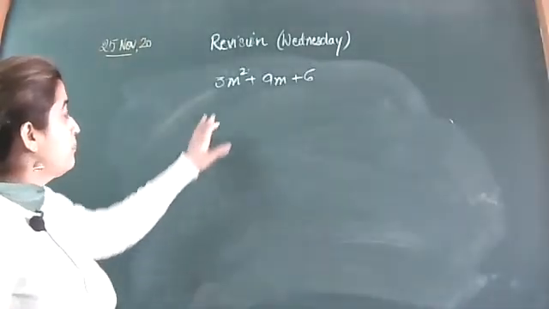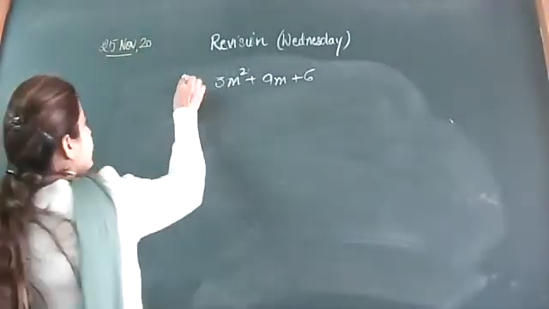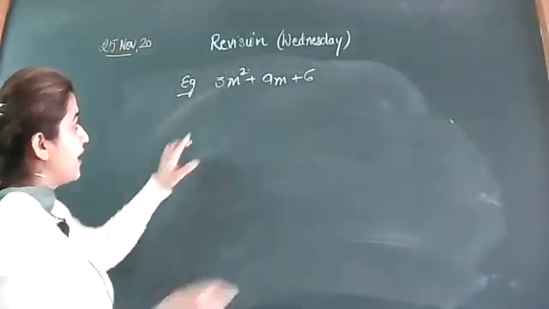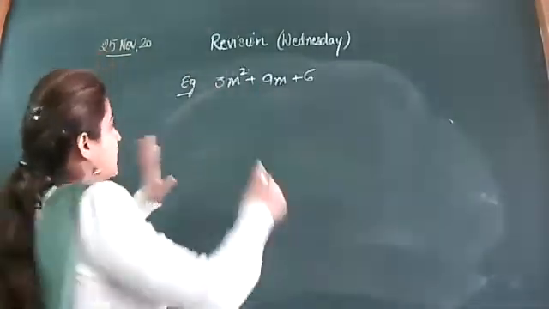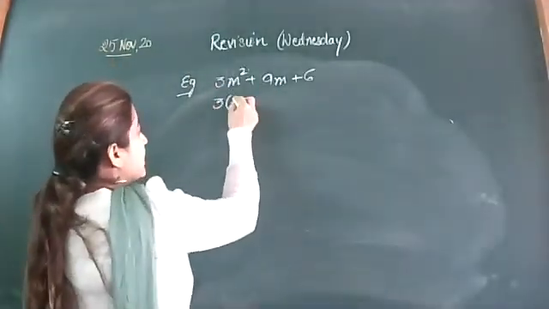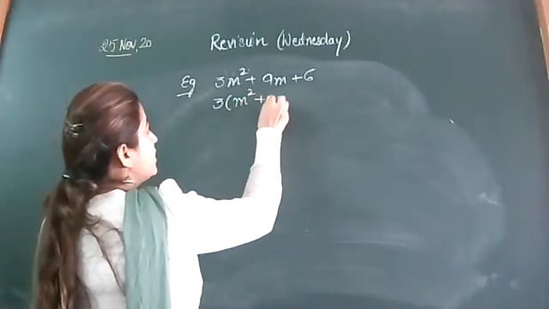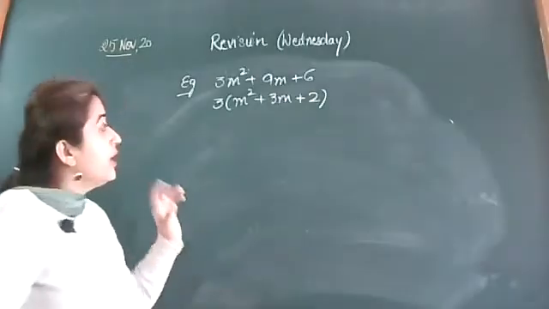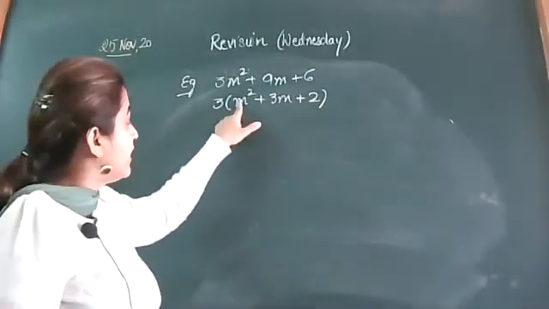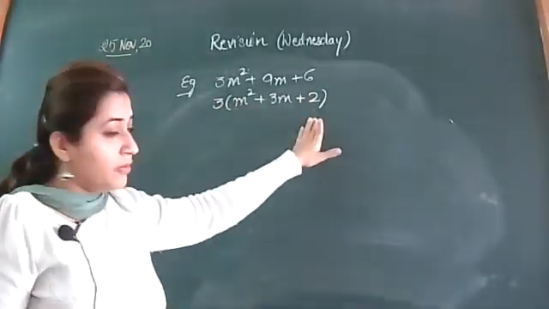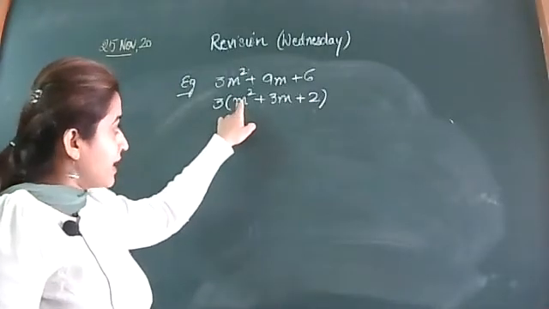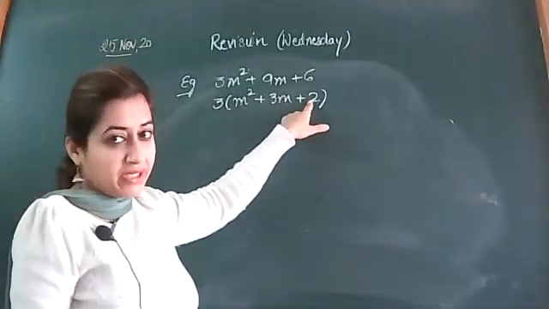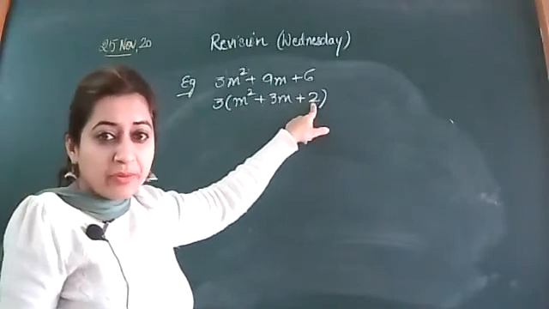Now look here, beta. I've written the next question. In this next question, you can see that 3 is common, but let me discuss first. If you take 3 common, you are left with m square plus 3m plus 2. Now, you can see that in this term, this is your a square, this is your b square, but this 2 is not a perfect square number.